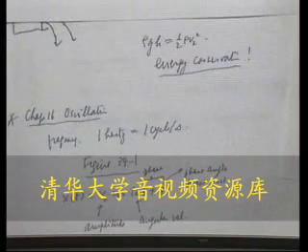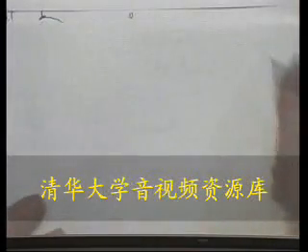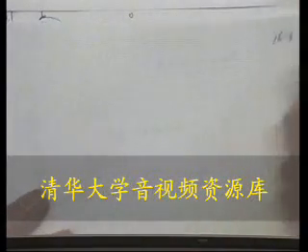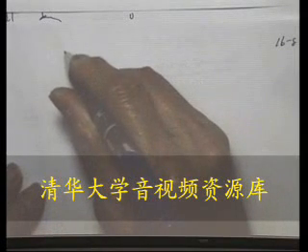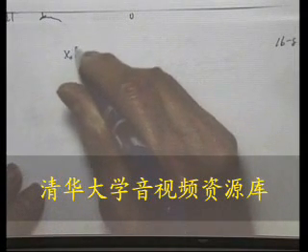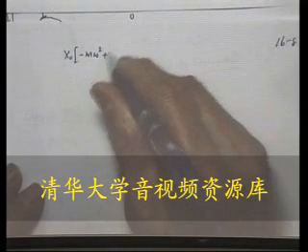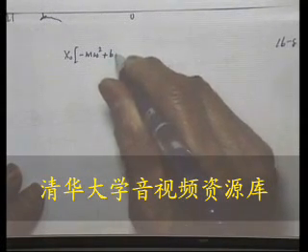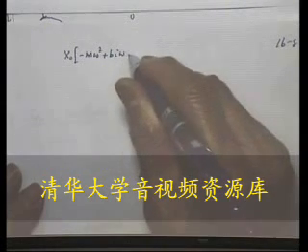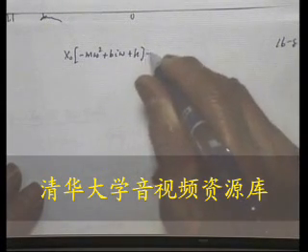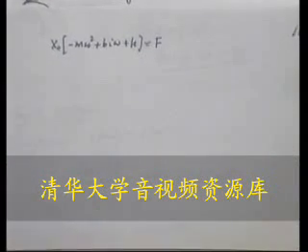So therefore we get x0 times minus m omega squared plus b i omega plus k is equal to f. No more x.